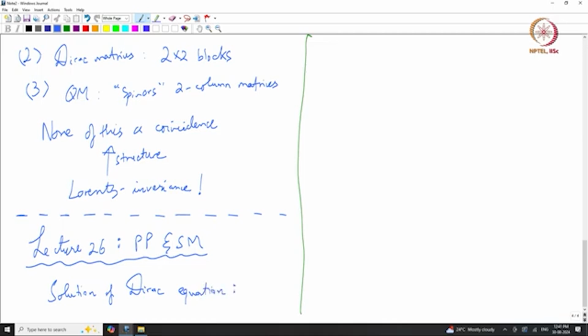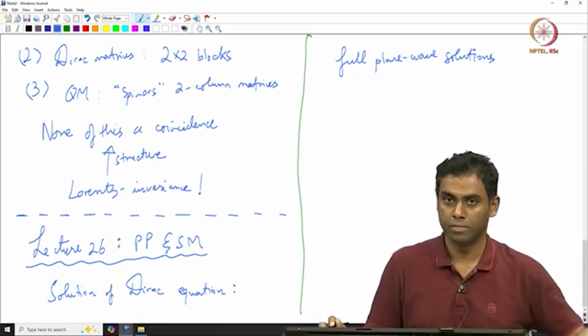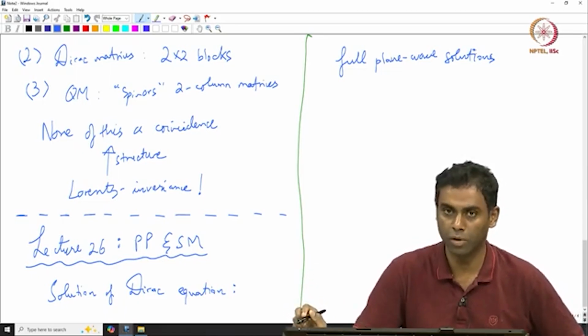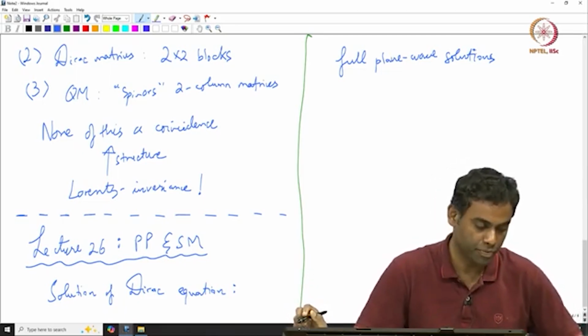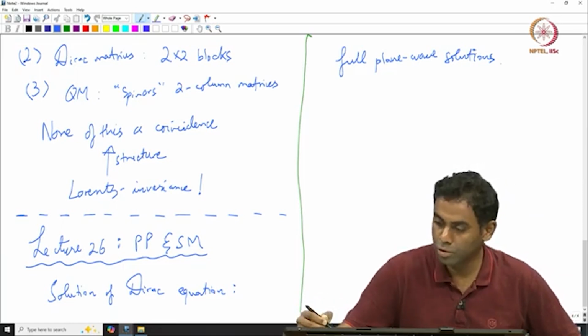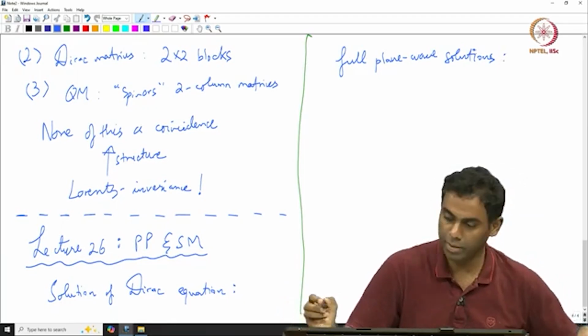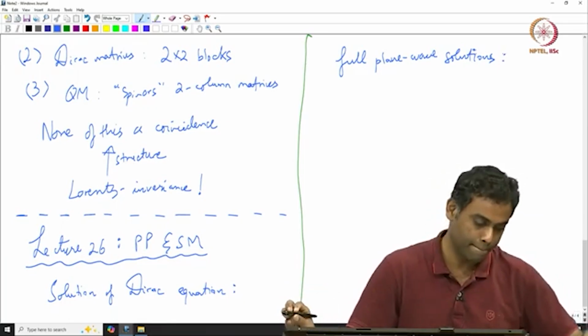Now I am not going to write down the full plane wave solutions, okay. Notice that I already said plane wave, because what else could it be? When we are talking about a free theory, even in Klein-Gordon we got a plane wave, right. Even for spin 1 we got plane wave. So of course you are going to get some plane wave solution, but the full solution in all its glory is not something I am going to derive here, because it is not terribly illustrating.